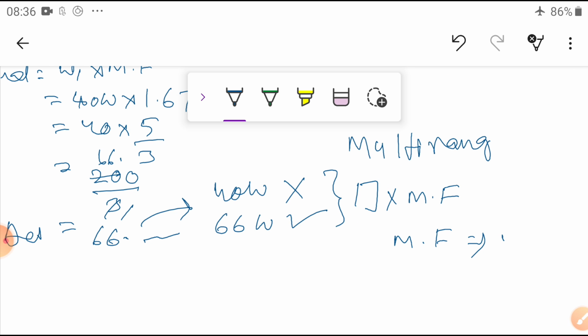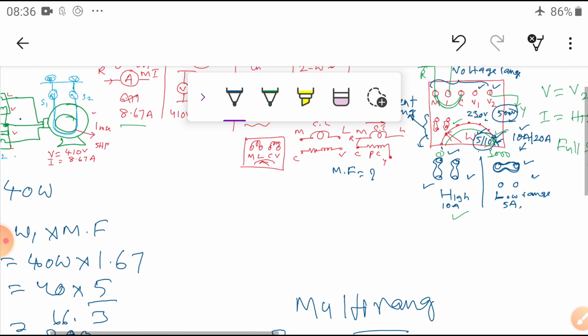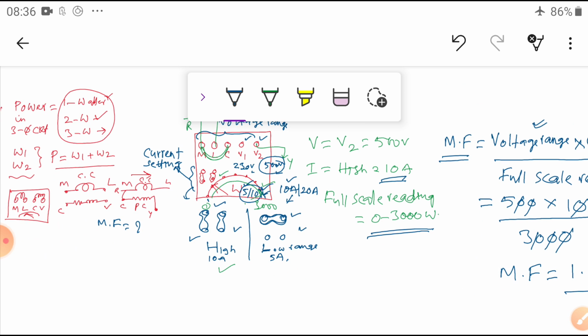You take that one, otherwise you calculate similar to this method. This is the W1 reading. Similarly for W2 also, if it has 4 terminals, no problem. If multi terminals, similarly you calculate the MF of W2 also, in such a way that we connect the wattmeter also.